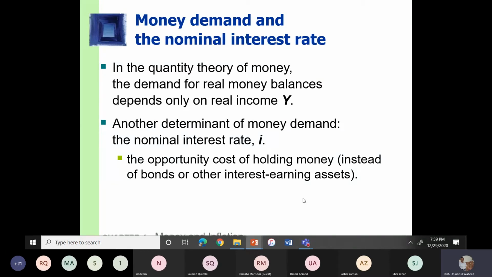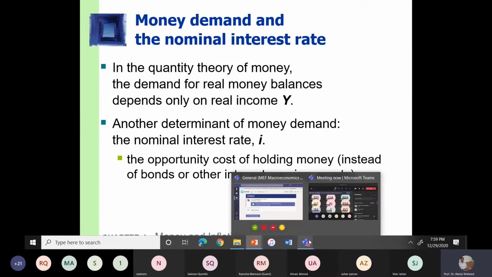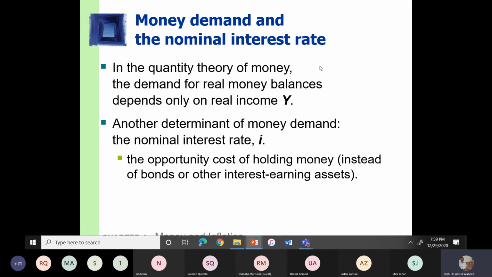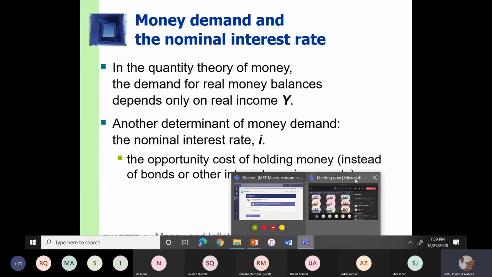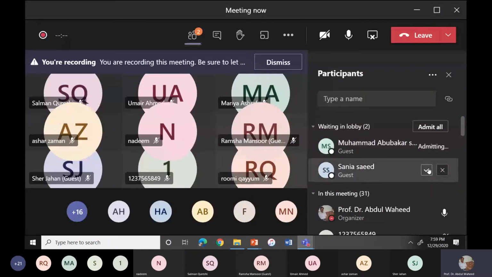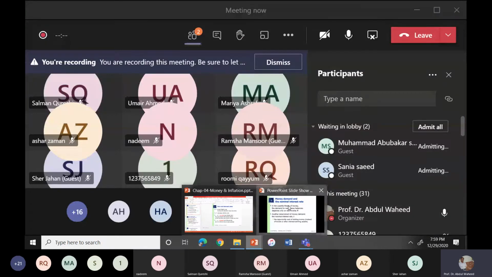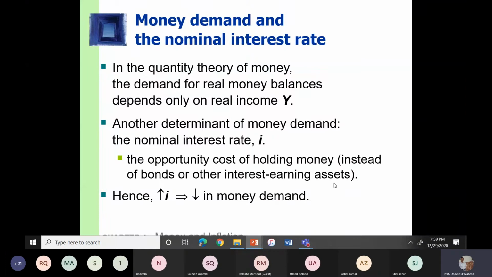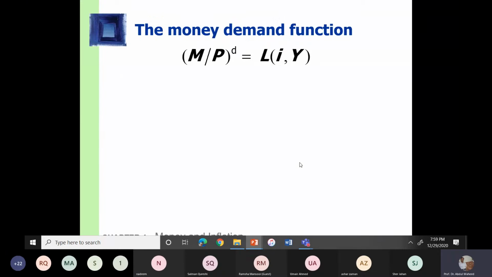If real income decreases, real output is low, then there will be fewer transactions, and then there will be low demand for money. So there is a negative relationship between nominal interest rate and money demand, and a positive relationship between real income and money demand.